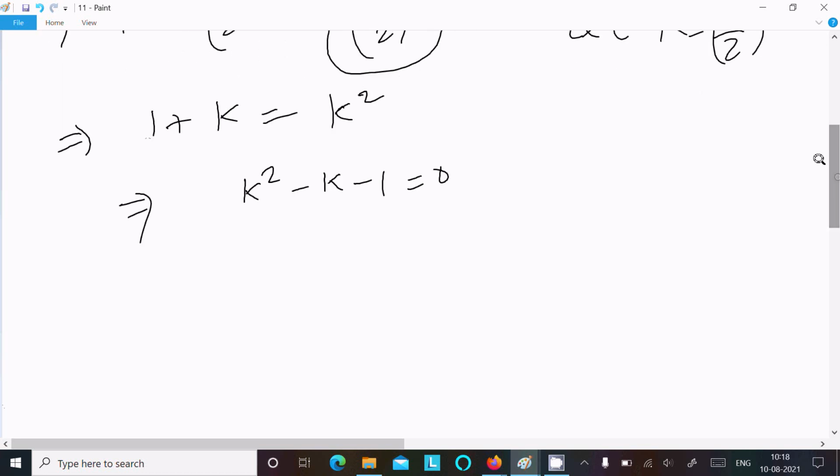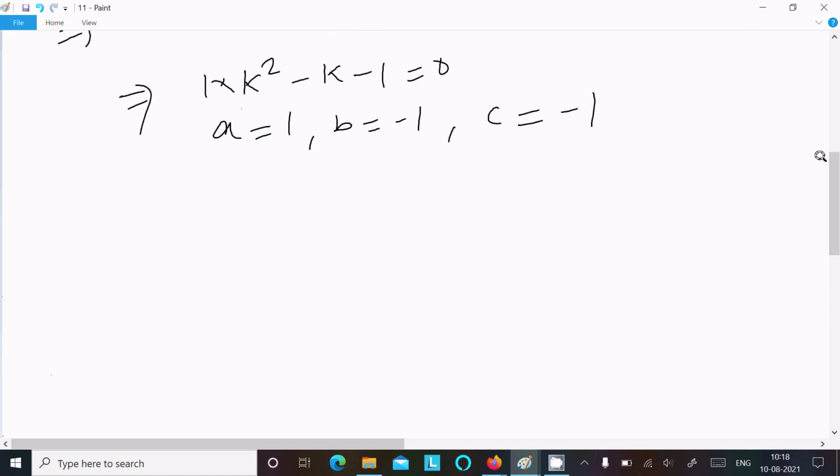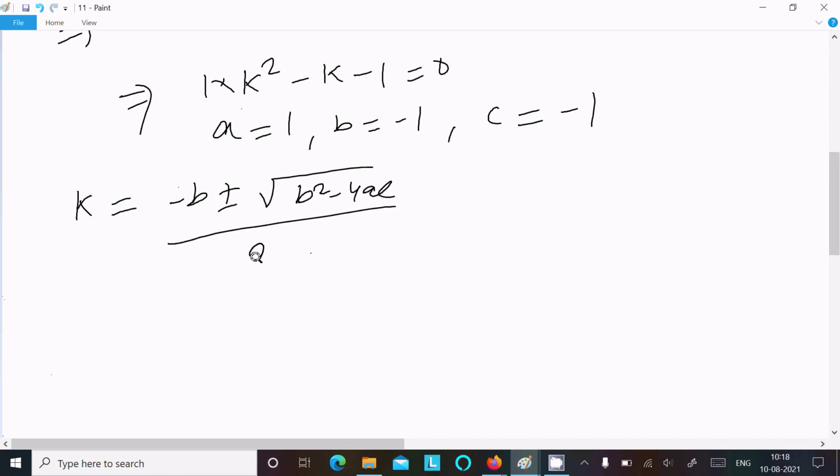Now let's calculate the value of k. So here a equal to 1, the coefficient of k square, b equal to minus 1, c equal to minus 1. Now use the formula k equal to minus b plus minus root of b square minus 4ac divided by 2a.